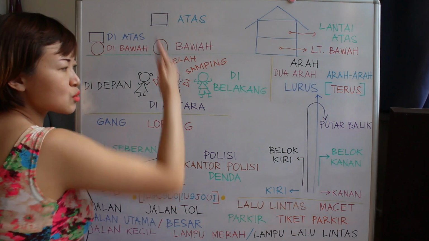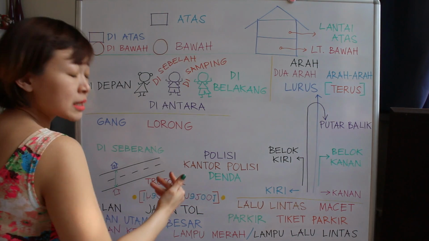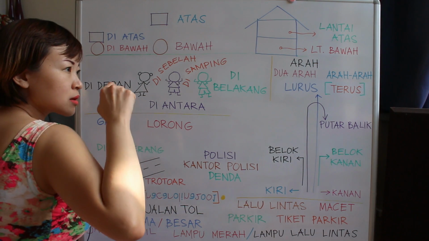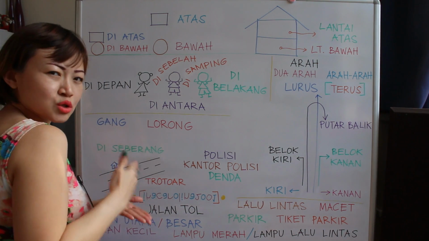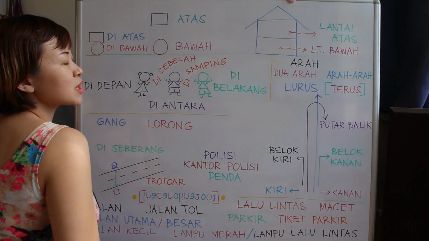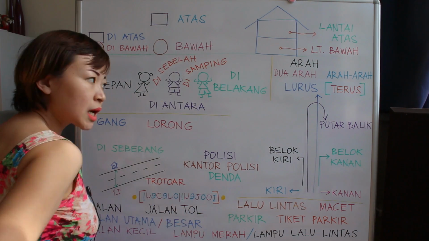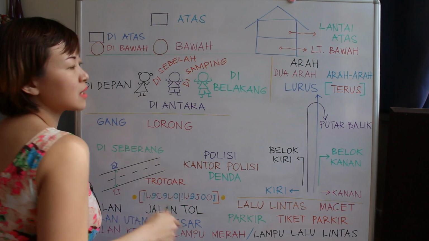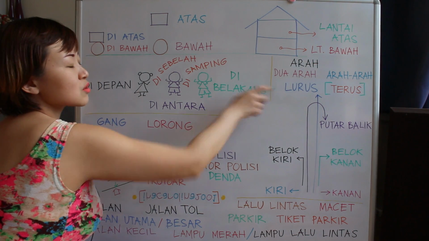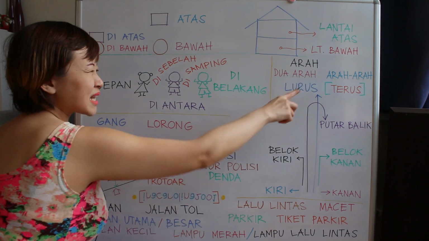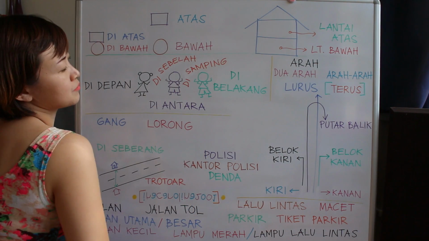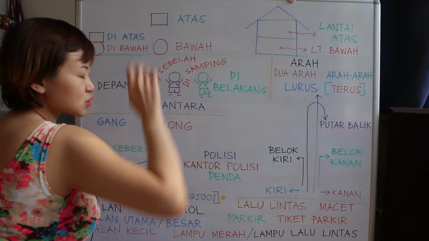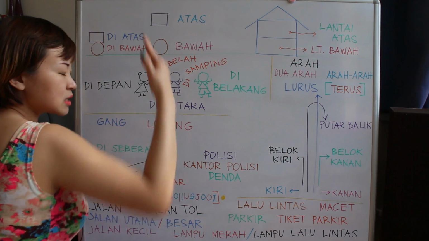But sometimes people, to strengthen it, say lurus terus, keep straight. So this terus means keep. Even though lurus is already straight ahead. Terus is keep. Lurus terus. But lurus is already formal, good enough to say straight ahead.